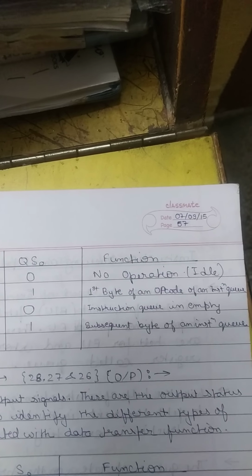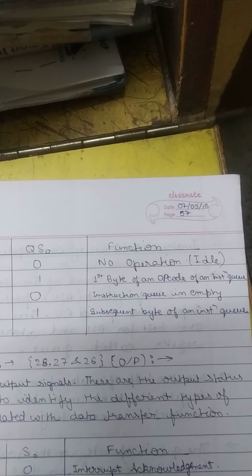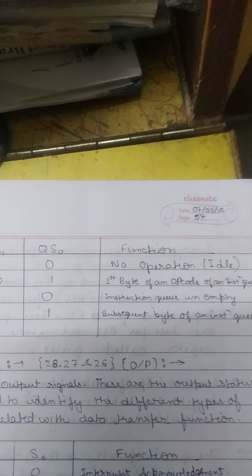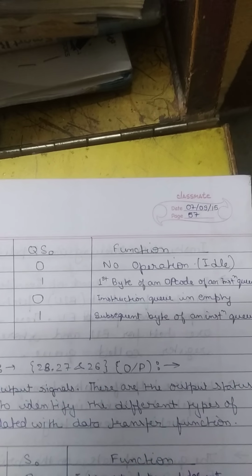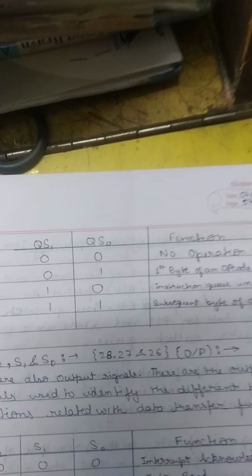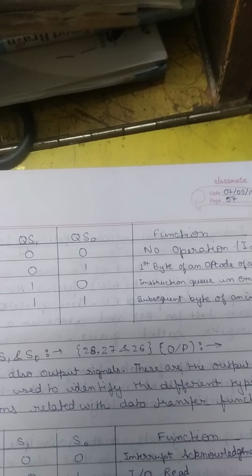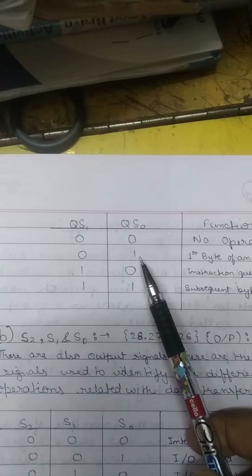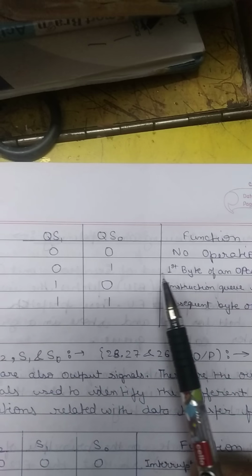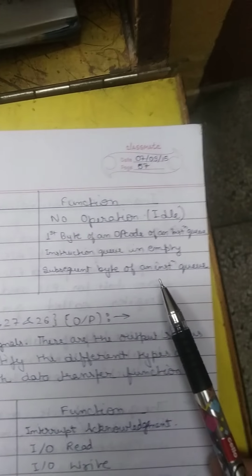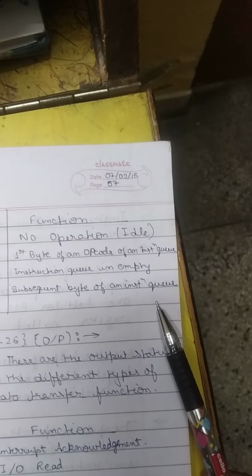So if the opcode is of 8-bit, then in one cycle the data bus is able to take two opcodes simultaneously. So the values of QS1 and QS0 control the placing of these opcodes in the instruction queue. When it is 0, 1, then the first byte of the opcode from the data bus will be placed in the instruction queue, and when it becomes 1, 1, then the subsequent byte from the data bus will be placed in the instruction queue.